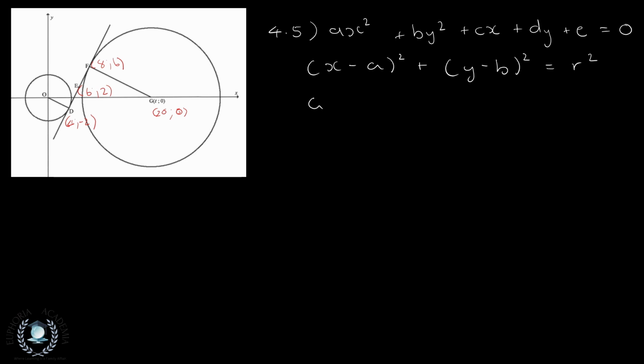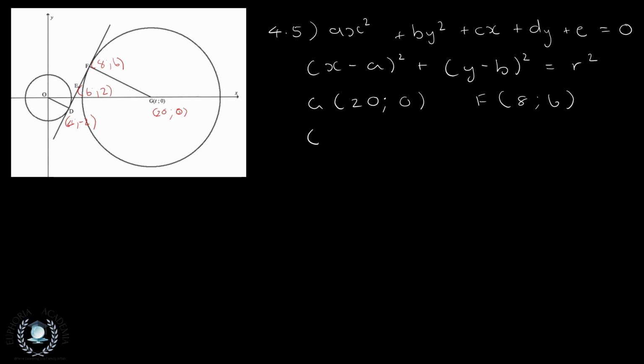We have the point of the center, which is G, and that is (20, 0). And we have the point F, which is on the circumference of the larger circle, and that is (8, 6). So we can use these to find what the radius is equal to.